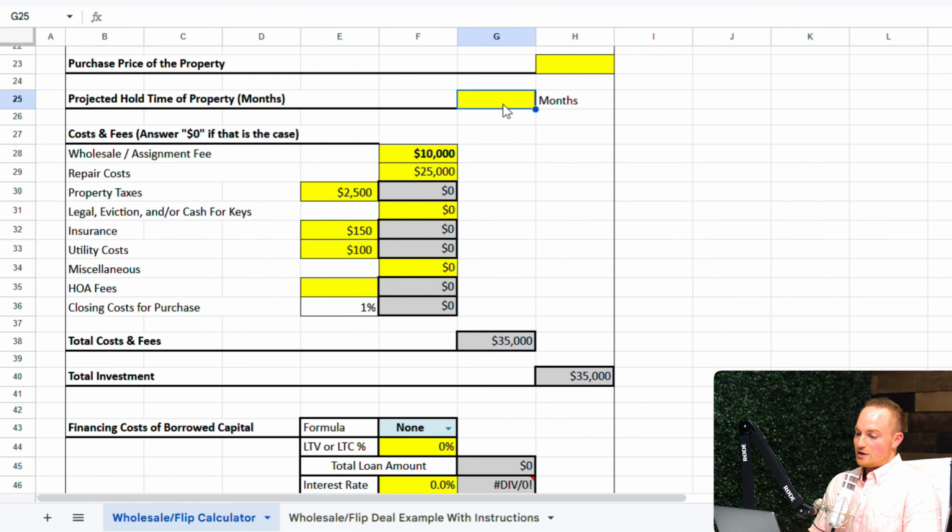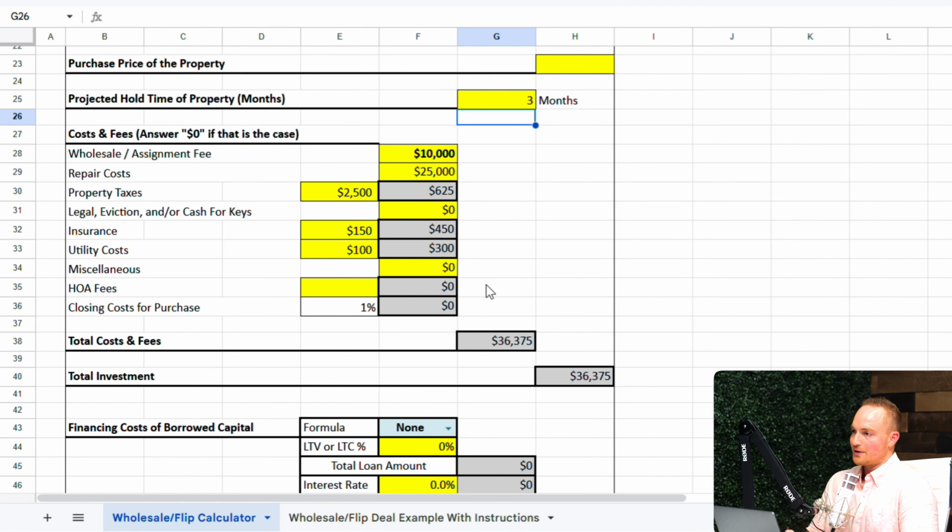So we can put 3 months in there for projected hold time. Once we have a projected hold time inputted into this calculator, it automatically calculates the actual property tax number, the actual insurance costs, utilities costs, and if we had an HOA, it'll calculate that cost based on the number of months that we hold the property.